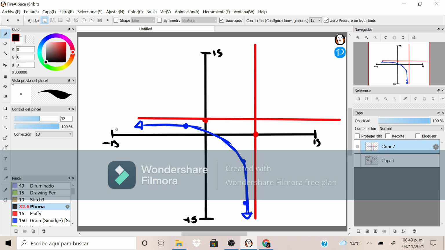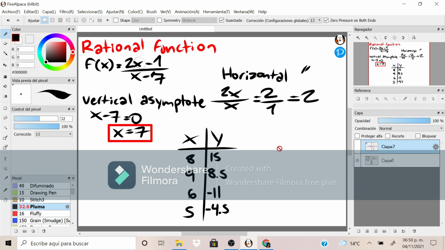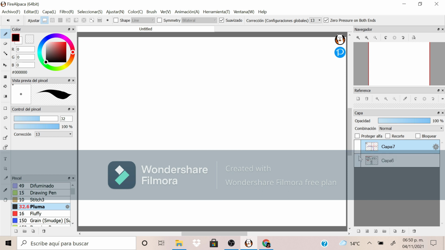Now here, the domain and the range. Sadly, it's not like we did in previous classes, but that's perfectly fine. Not all things have to be this perfect. So basically the domain and the range are the two numbers that we find on the vertical asymptote and the horizontal asymptote. As you can see, they're both real numbers.